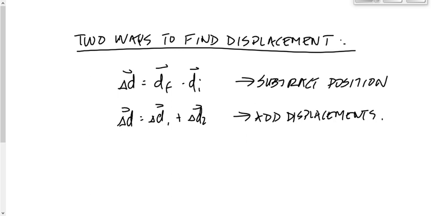That's where I am, right? 4 minus 1 is 3 meters. That's my displacement. But if I walked 1 meter and then I walked 4 meters, then my displacement would be 5. I subtracted them if they were positions. I added them if they were displacements. We'll do a more formal example of that in just a second, and hopefully make that a little bit clearer.